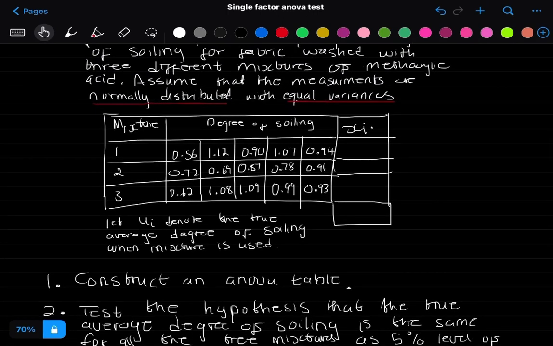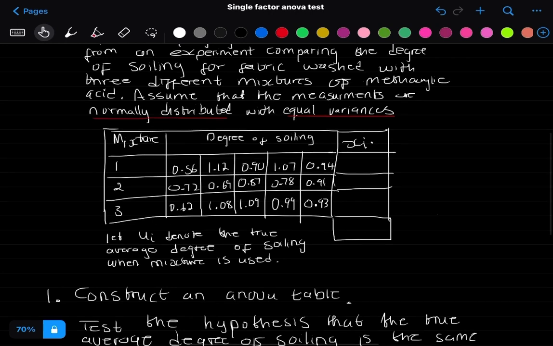To do the first question, we need to add another column here on the table, a column for the row sums. So we are going to calculate the sum of each row and get the total, which is called the grand total at the end here. So this is how we do it.